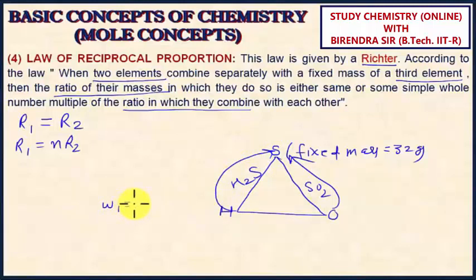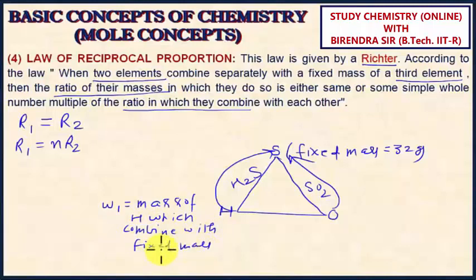When hydrogen combines with sulfur, get the mass of hydrogen. Let us say W1. W1 is what? Mass of hydrogen which combine with fixed mass of sulfur to form H2S, and that you can find with the help of molar masses.